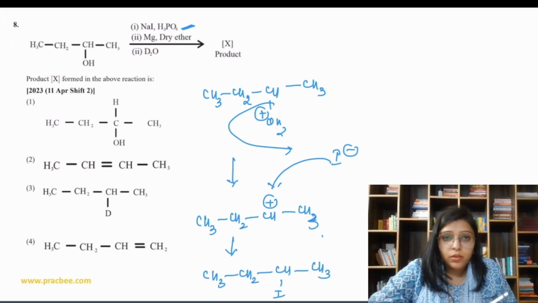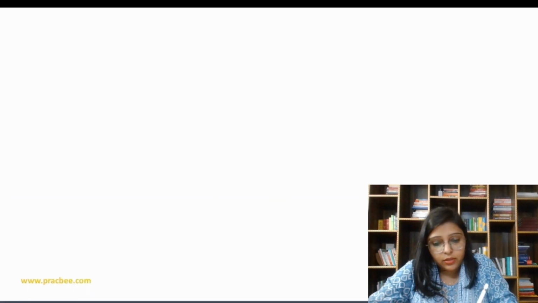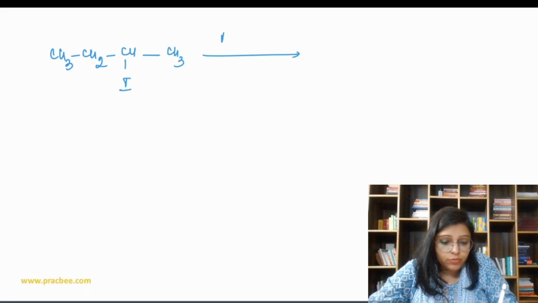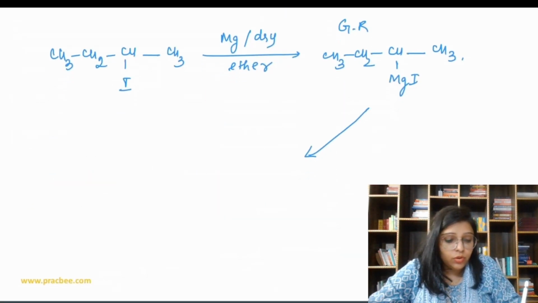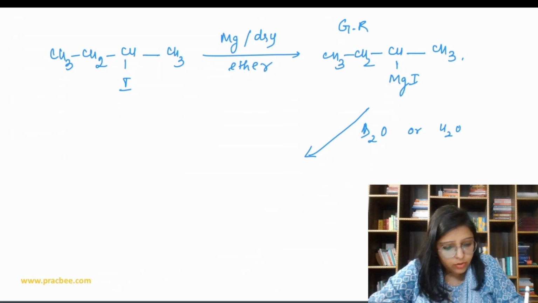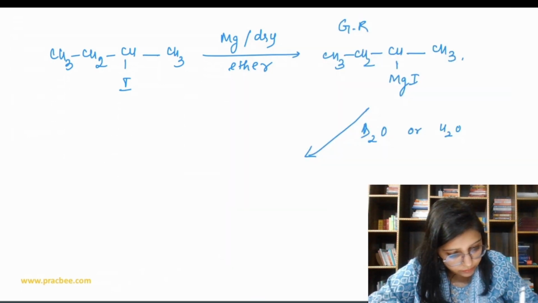Now we have Mg in dry ether, so we have to form a Grignard reagent. We write CH3CH2CH, MgI, and CH3. Now we have D2O, or H2O, same thing. Now we are going to do hydrolysis, so just break this bond.